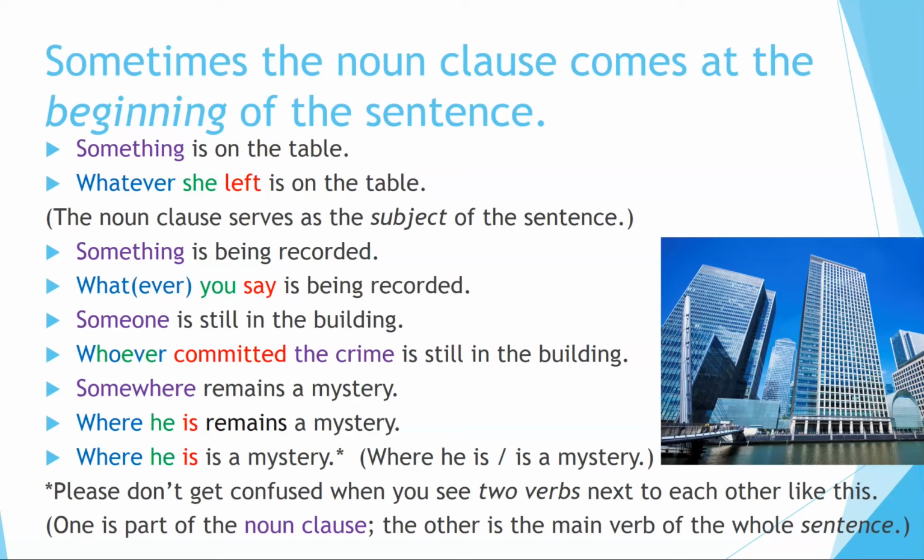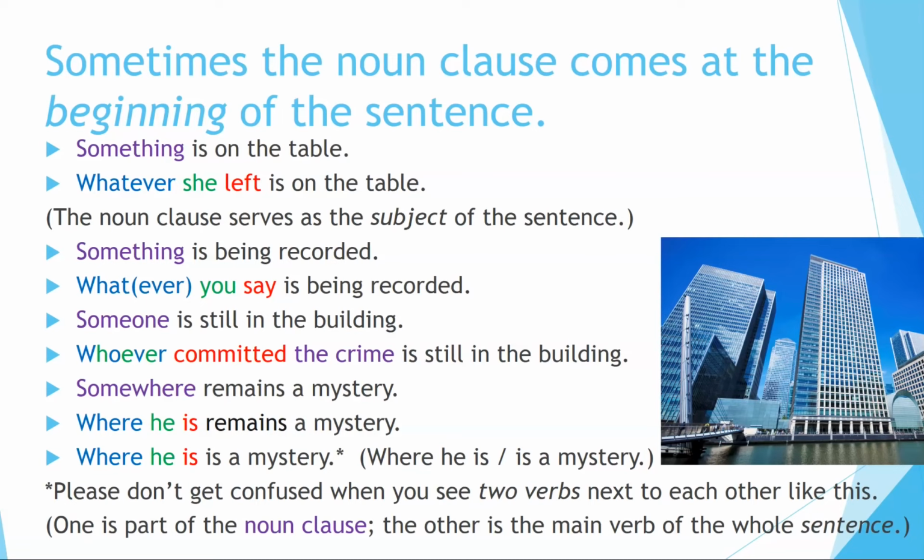The noun clause serves as the subject of this sentence. Let's look at some more examples. Something is being recorded. Whatever you say is being recorded, or what you say is being recorded. Can you see the pattern here? Extra word, subject, verb. It comes at the beginning of the sentence in this case.